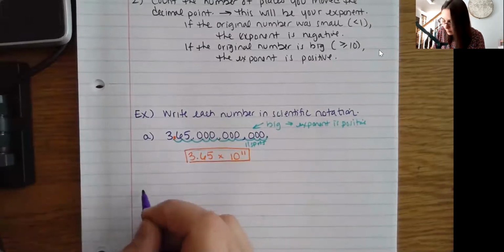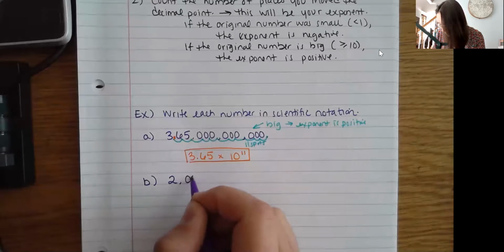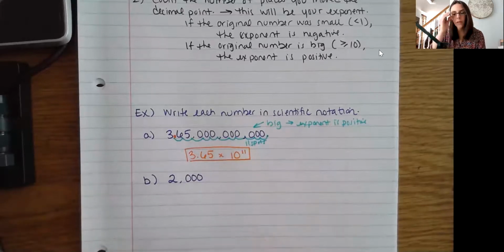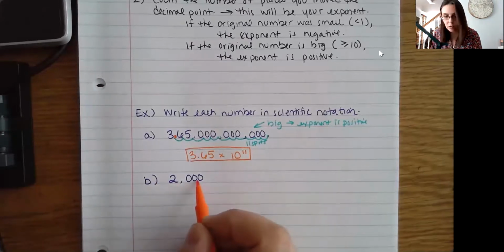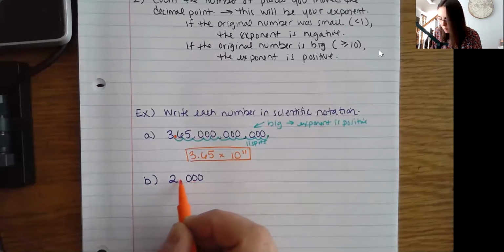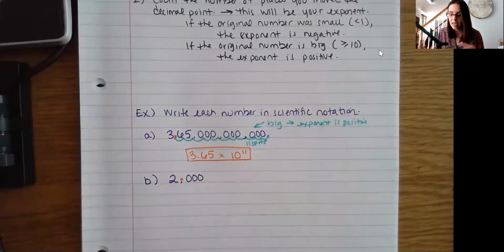Let's do another one. I'm going to do 2,000. I know 2,000 is not really that difficult to write out, but we're just going to practice here. So the first thing I need to do is stick my decimal point somewhere to make it a number between 1 and 10. If I try sticking it here, I get 200. Here I get 20, but if I stick it right there, I get 2.000, which is definitely between 1 and 10.